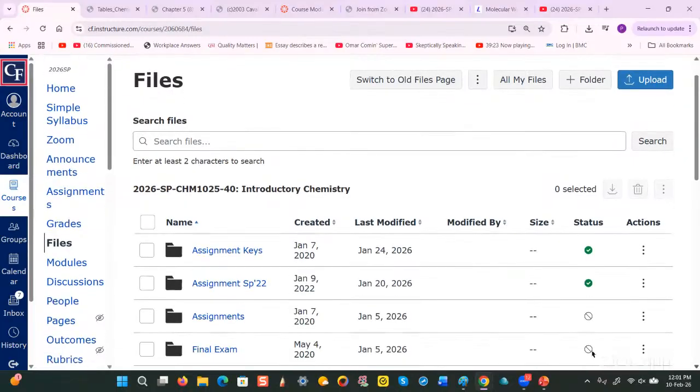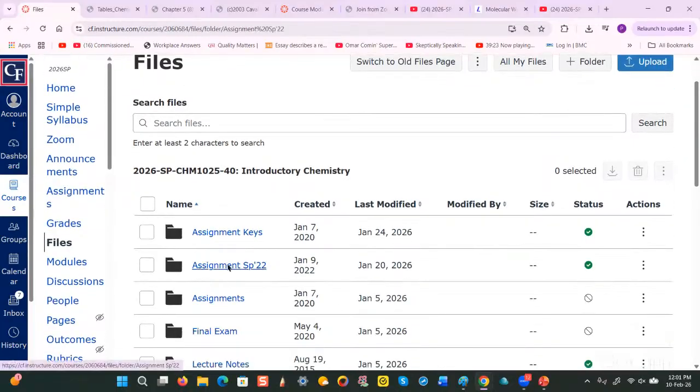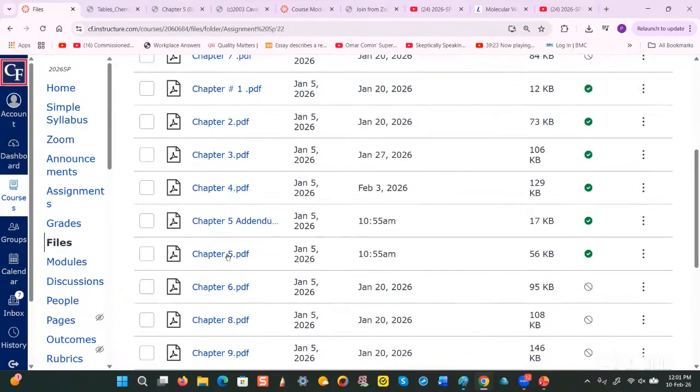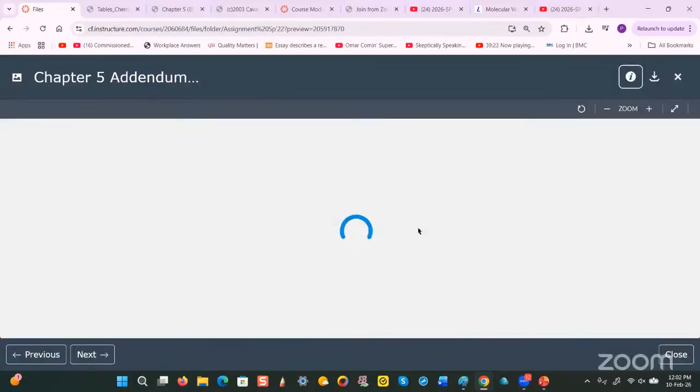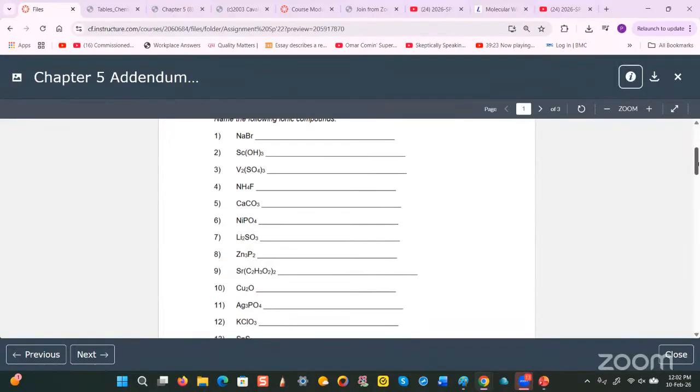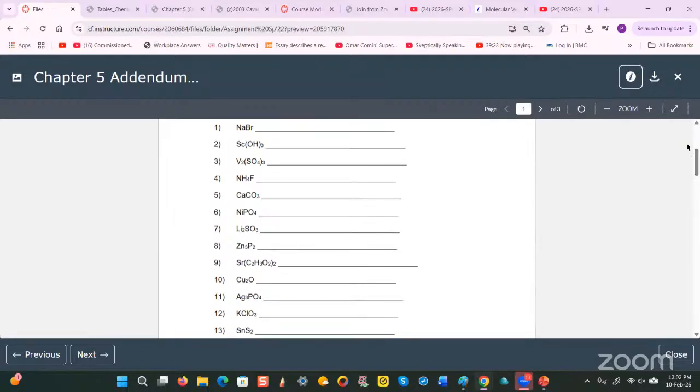One for the original handout, that is this here, chapter 5, and then the chapter 5 addendum, that should be included as well. For the one person out there on Zoom, make sure that you download this one as well. You should be able to do this one as well. It's basically a mixture of the different types of compounds and how you name them based on all the rules that we have covered, all right?